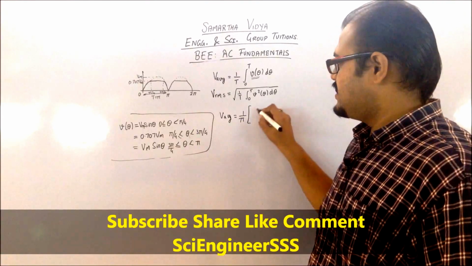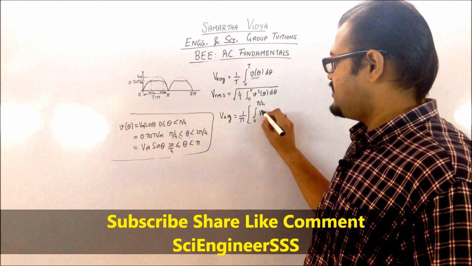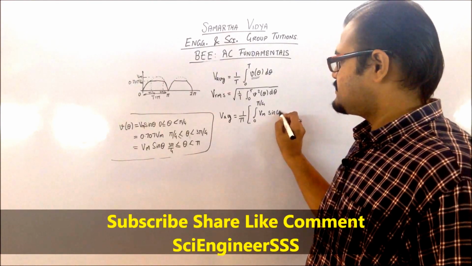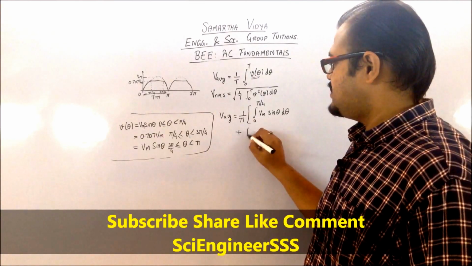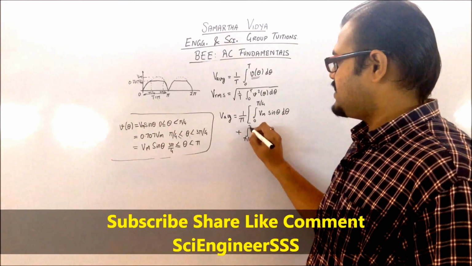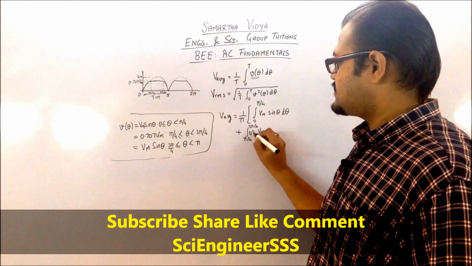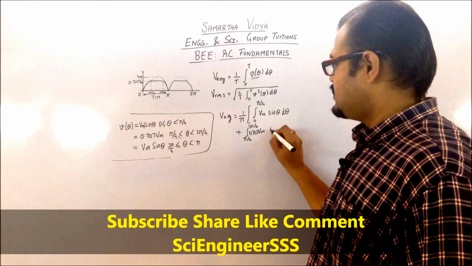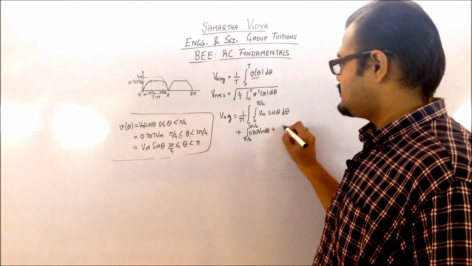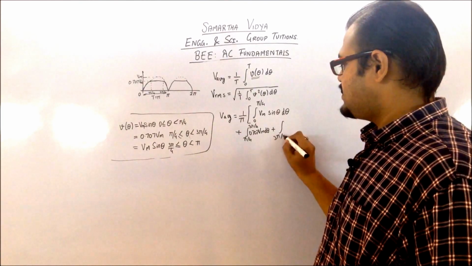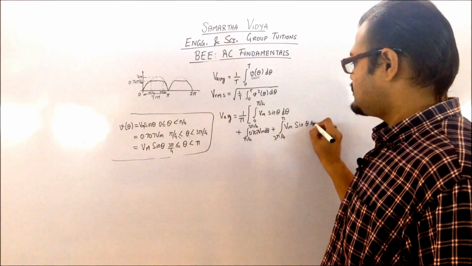For 0 to pi by 4, V(theta) is Vm sine theta d theta, plus from pi by 4 to 3 pi by 4, it is Vm into 0.707 d theta, plus from 3 pi by 4 to pi, it is Vm sine theta d theta.